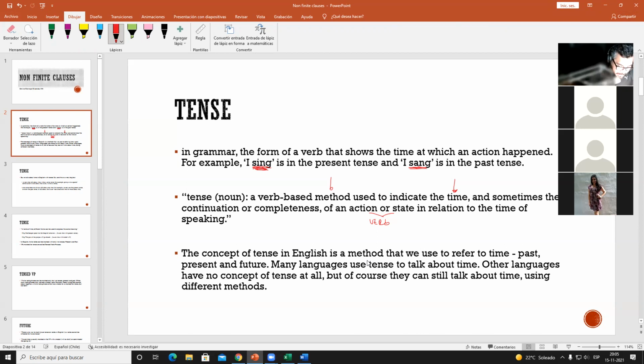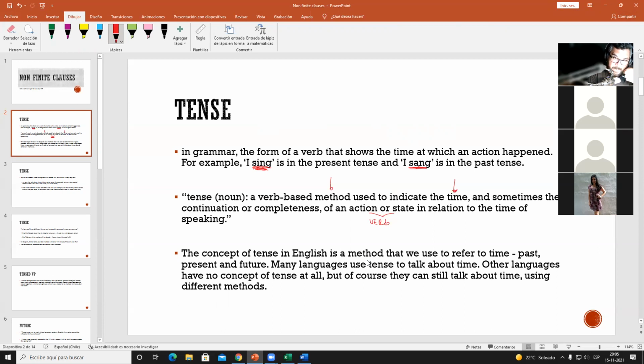I can write some stuff, but when I want to mean that something happened in the past, I need to mark that inside of that sentence. And the way in which we're going to do it is by using this idea of tense, which is the fact that we're going to add some signal, some forms.